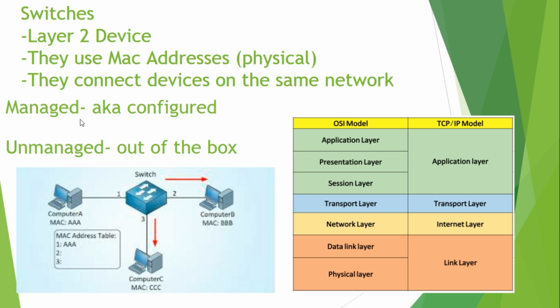Once you start tinkering with it, changing its name, creating VLANs, creating some rules or security features on that switch, now it's managed. So a switch coming straight from the manufacturer is unmanaged. Okay, it's plug and play. Once you start managing things, setting passwords, setting VLANs, and doing the things that you want it to do, now it becomes managed.